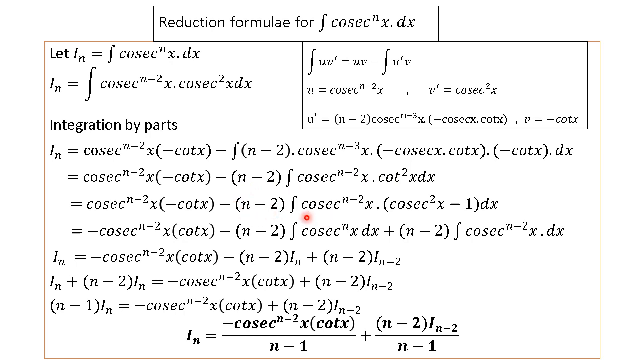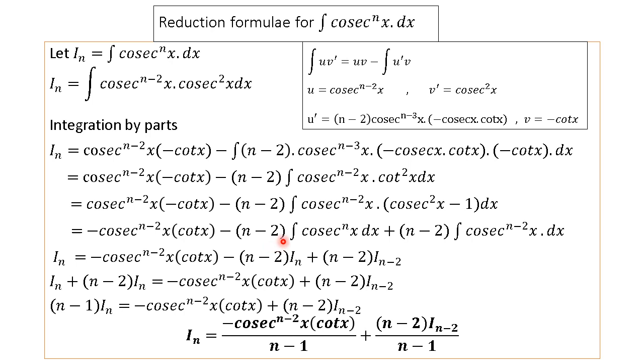In the next step, cot square x can be written using a trigonometric identity. We know that 1 plus tan square theta is equal to secant square theta, but 1 plus cot square theta is equal to cosecant square theta. Therefore cot square x can be written as cosecant square x minus 1. Next, multiply n minus 2 to this.